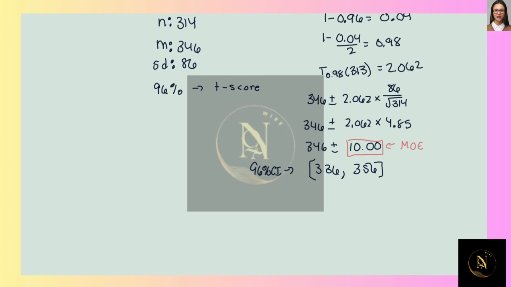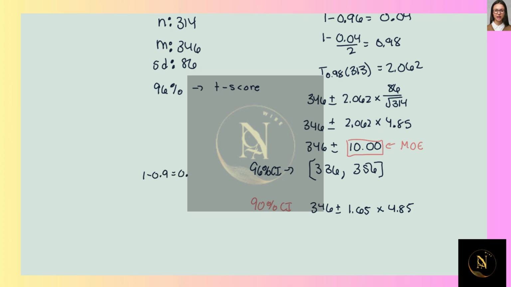How would selecting a 90% confidence interval change the size of the interval? So say you wanted to do a 90% confidence interval. Then I have 346 plus or minus your T-score, which is going to change to 1.65, multiplied by 4.85. How I got 1.65 is you're going to do 1 minus 0.9.